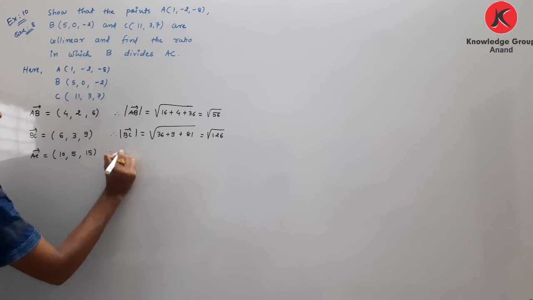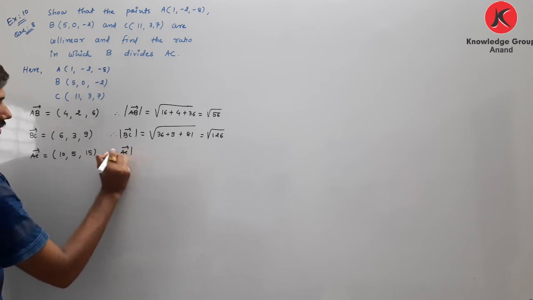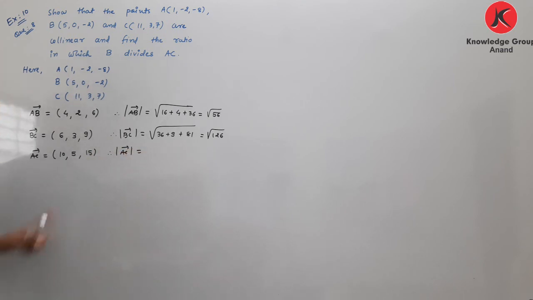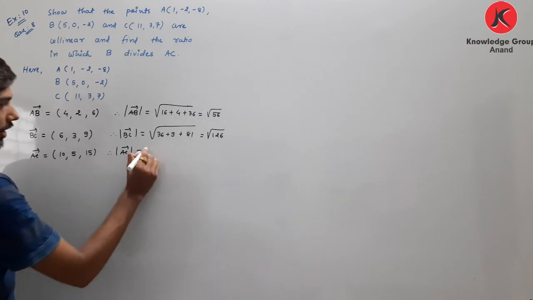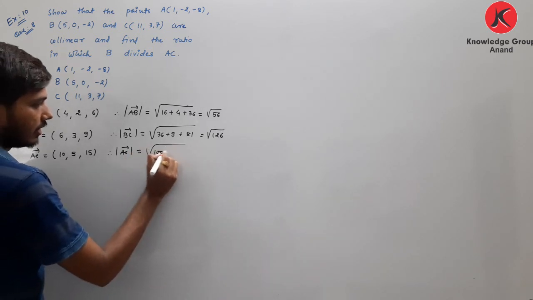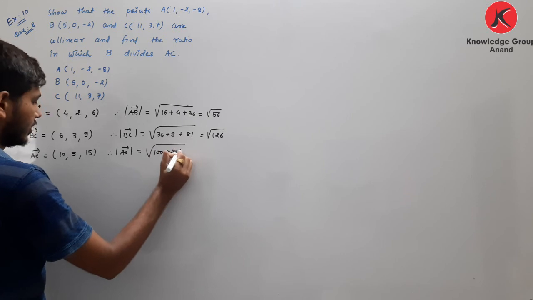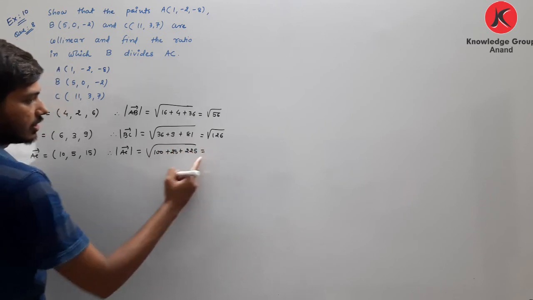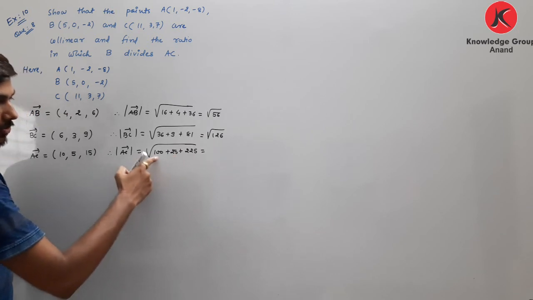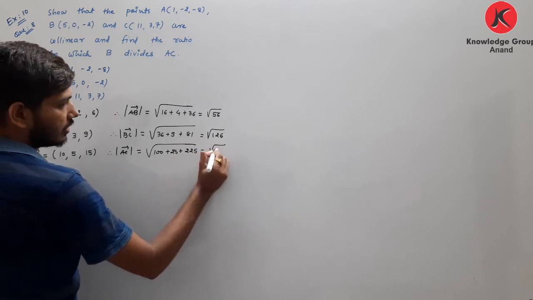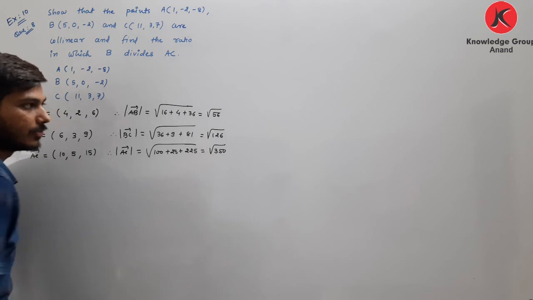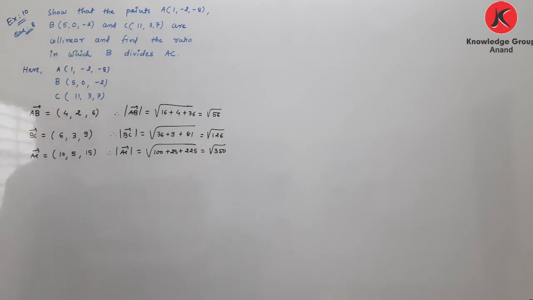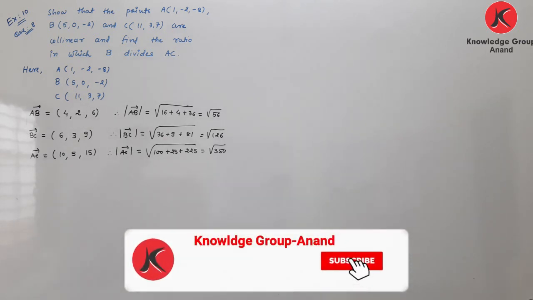Now the magnitude of vector AC is equal to under root of 100 plus 25 plus 15 square 225, which is 250 plus 100, under root 350 here. Okay. Now see here, there are distances like this. These are your distances, and from these distances we have to calculate.